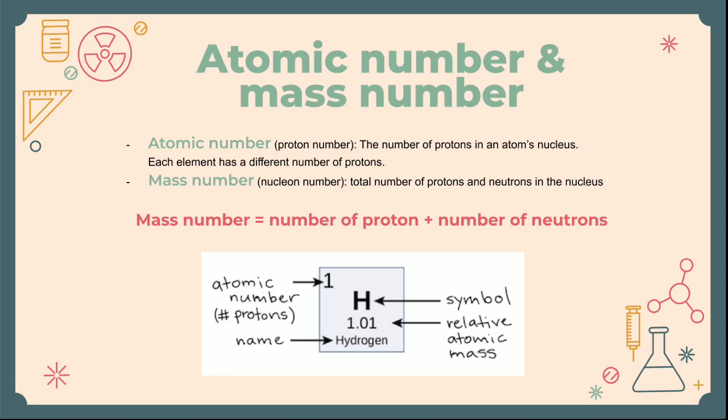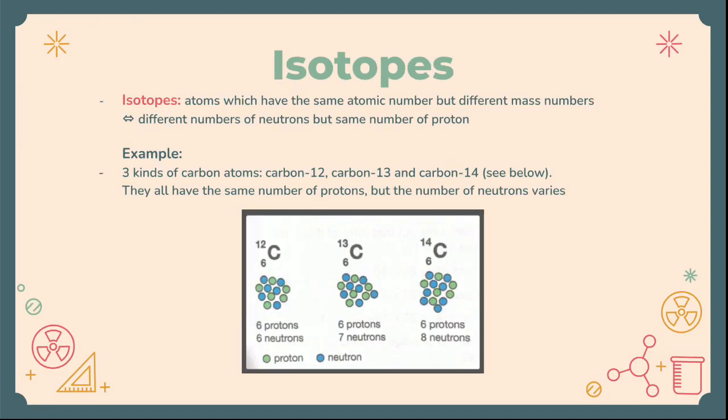Mass number equals number of protons plus number of neutrons. Isotopes are atoms which have the same atomic number but different mass number. They have different numbers of neutrons but the same number of protons.